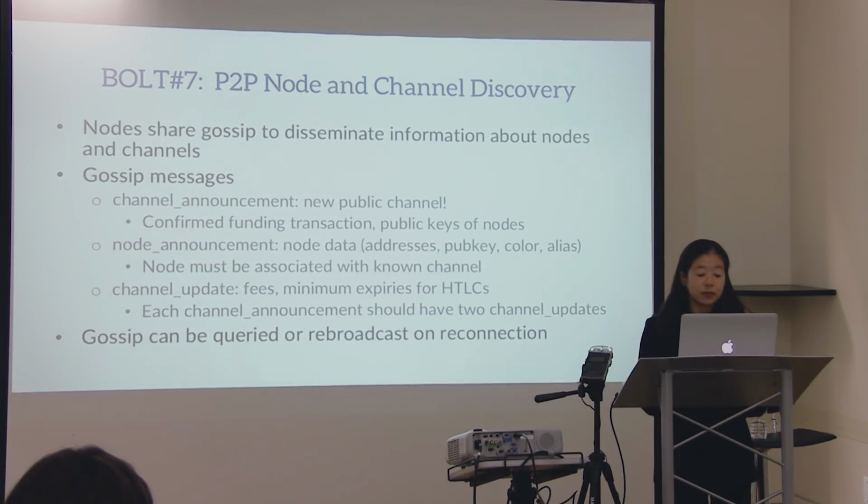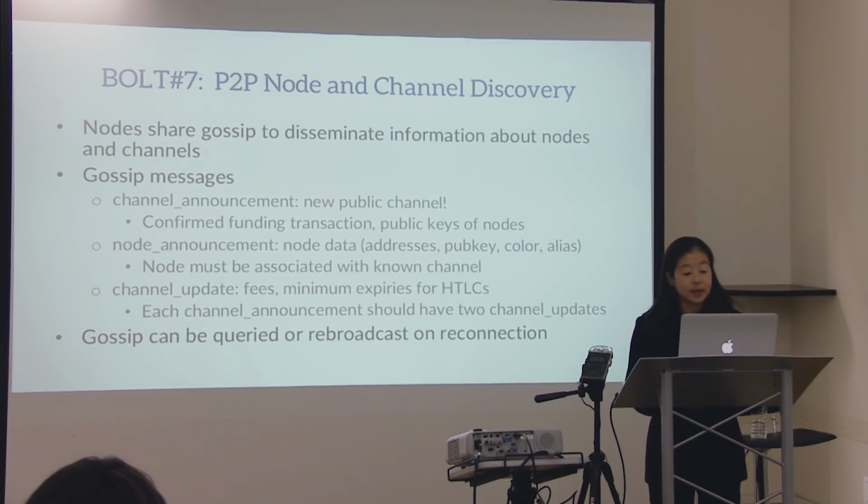There's very limited information that gets shared over the Lightning Network through regular gossip. There are channel announcement messages that announce new public channels, and then there are updates for fees and the time lock delta or expiries.